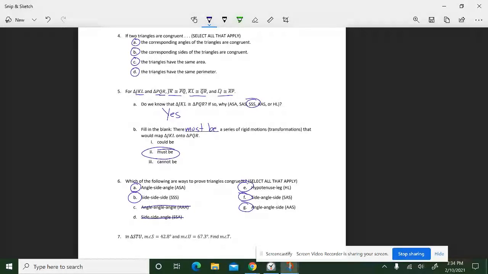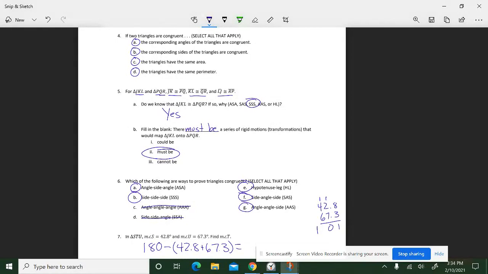Number 7, it gives us 2 angles on a triangle. It wants us to find the third. So what you're going to do on number 7 is just add these together and subtract them from 180. So I believe the way I wrote it on the one I uploaded to Google Classroom was something like this. That's what you're going to work out. But I'm just going to go over here on the side and add 42.8 to 67.3.